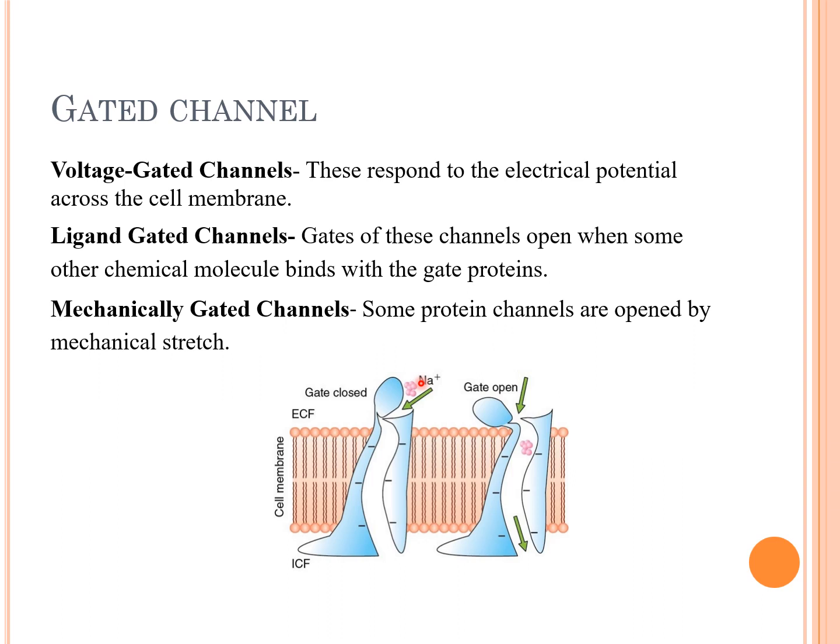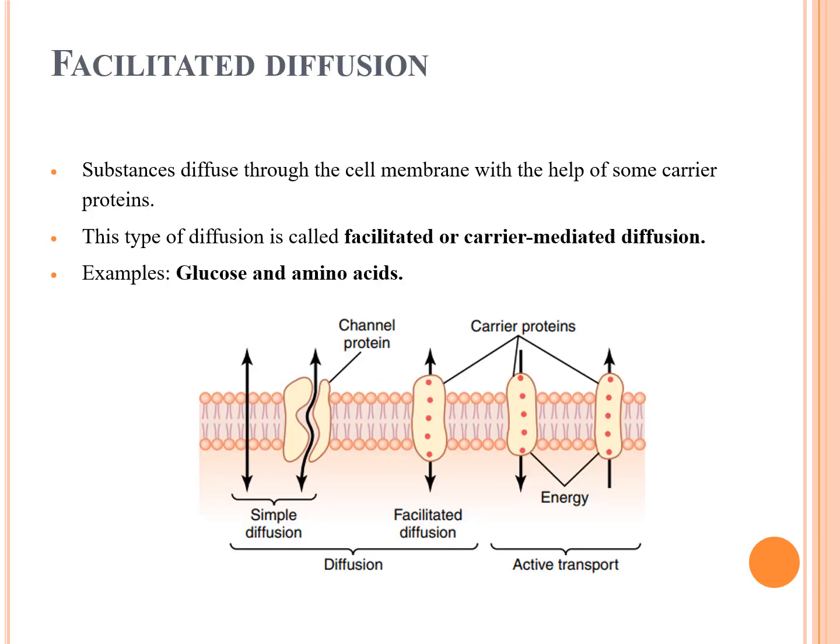And the third type is mechanically gated channels: when there is a mechanical stretch, these protein channels will open, and this is called the gating mechanism. So channel proteins will have two important features. One is selective permeability, which allows only one ion to pass through, and the second is the gating mechanism.